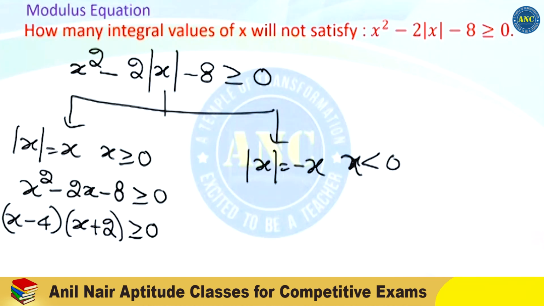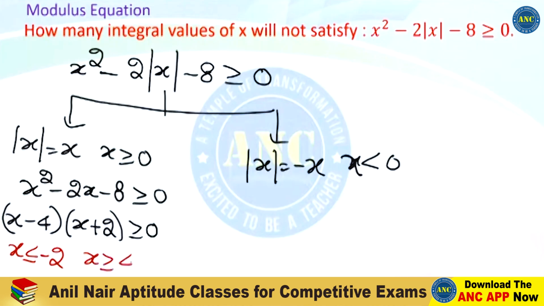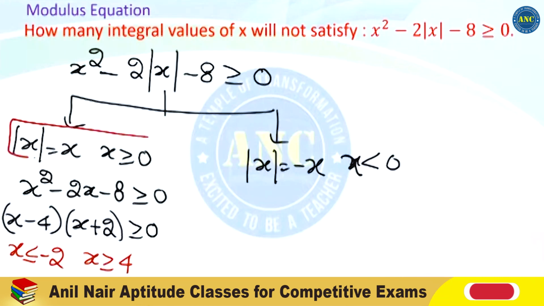Now if you see here, for greater than or equal to, in session number 1 we discussed x is less than or equal to minus 2 or x is greater than or equal to 4. Mod x equals x if x is greater than or equal to 0.